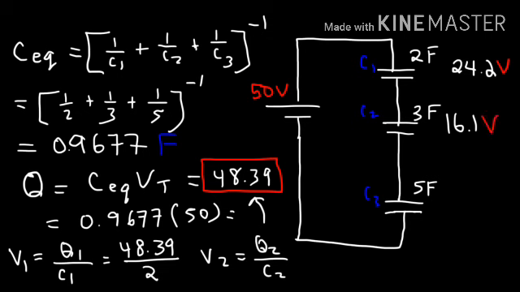Now to find V3, it's going to be Q3 divided by C3. So V3 is going to be 48.39 divided by 5, and that's about 9.7 volts.